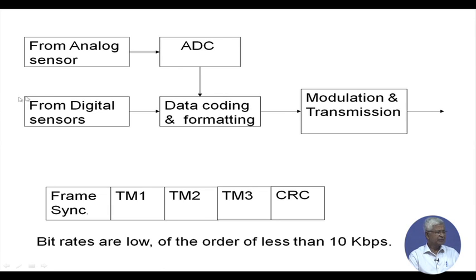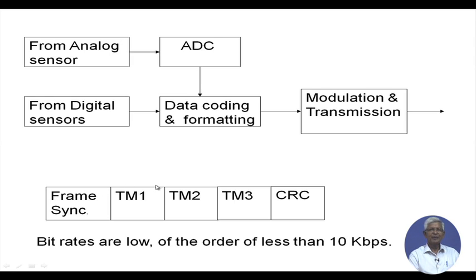A short block diagram of this concept: analog sensors are there, you have A to D converters, and then the digital data comes from the digital sensors. All these data, analog converted to digital as well as digital sensor data, are coded, formatted, and modulation and transmission is done. Now, this coding and formatting is generally done in the form of blocks or frames.